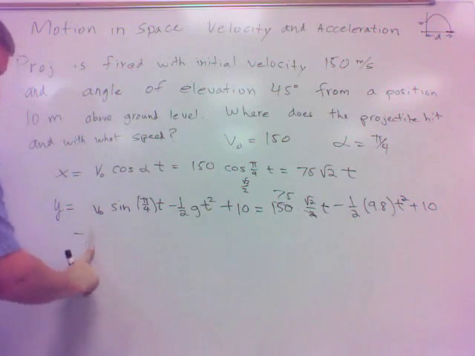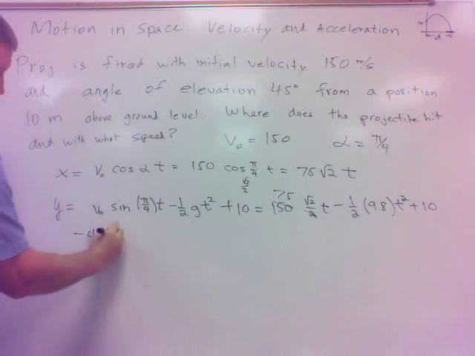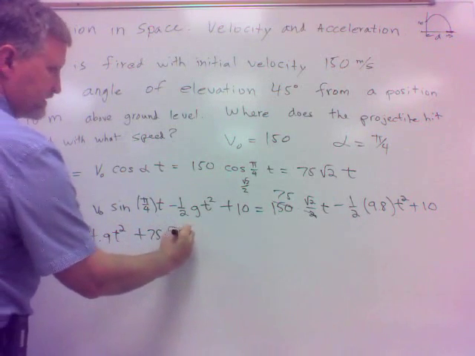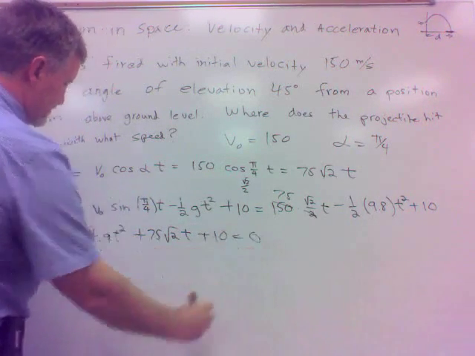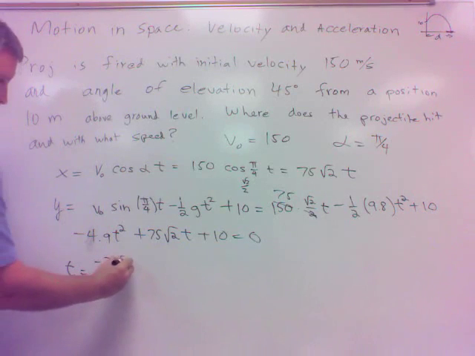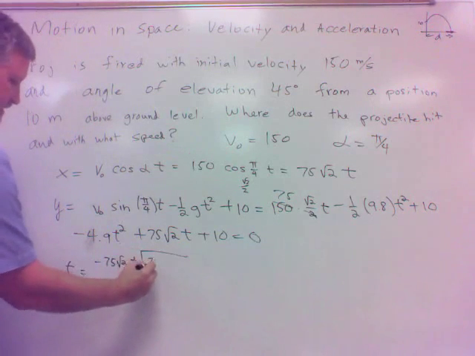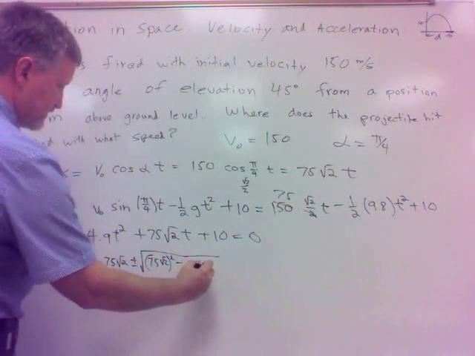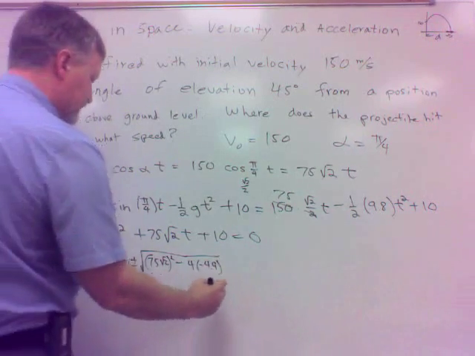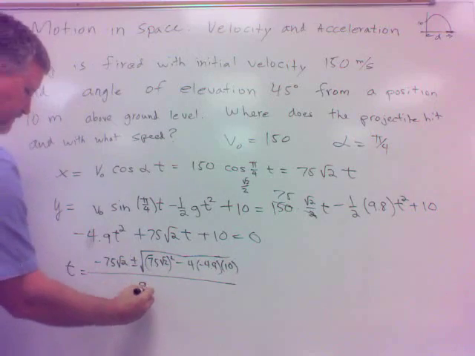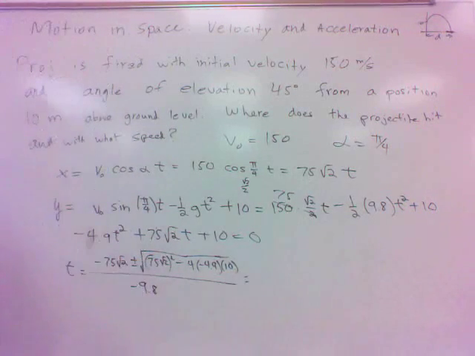So that would be 4.9 t squared plus 75 square root of 2 t plus 10. We want that equal to 0. And so the t, the time, would be negative b plus or minus the square root of b squared minus 4ac over 2a, with 9.8.